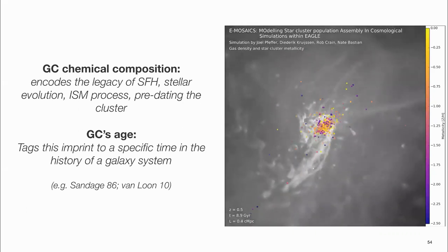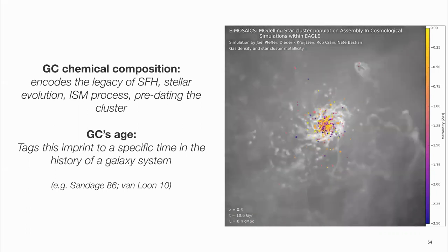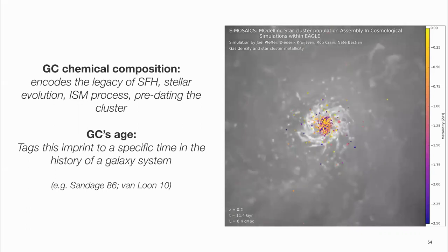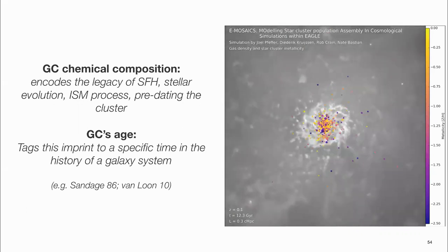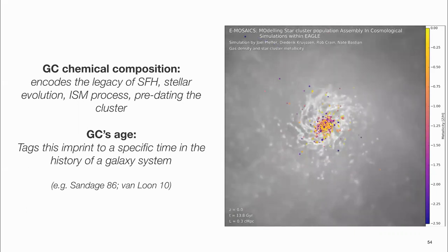So basically, some of them are going to be expelled, some of them are going to remain, some of them are going to be dissolved. And so all that is very messy, and you have to find a way to see if this is telling us something about these peculiar abundances that we see in globular clusters.